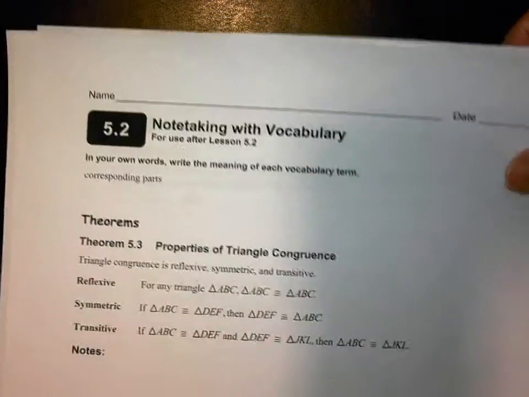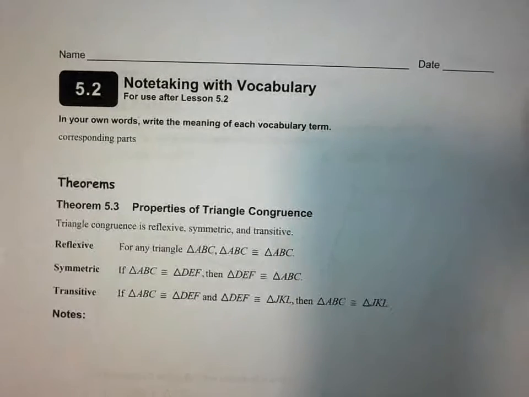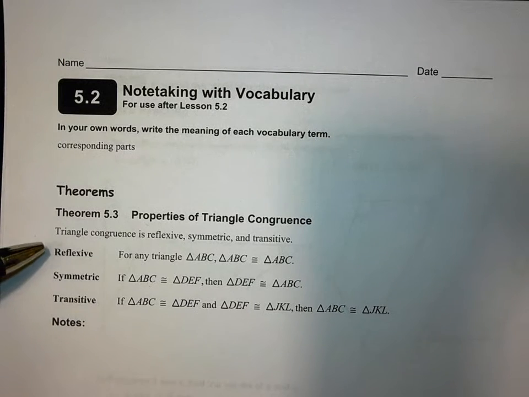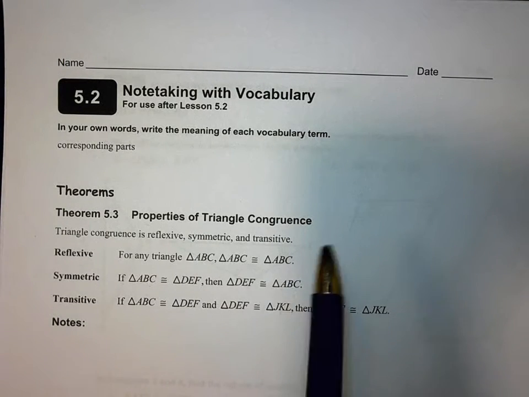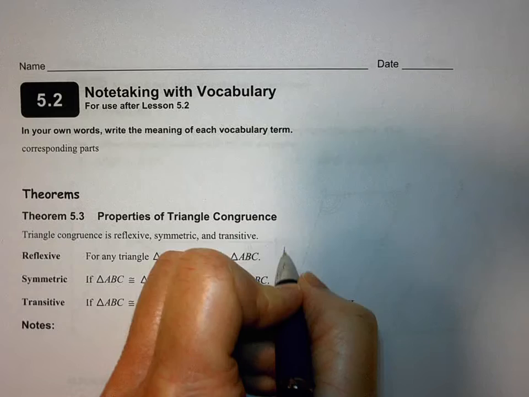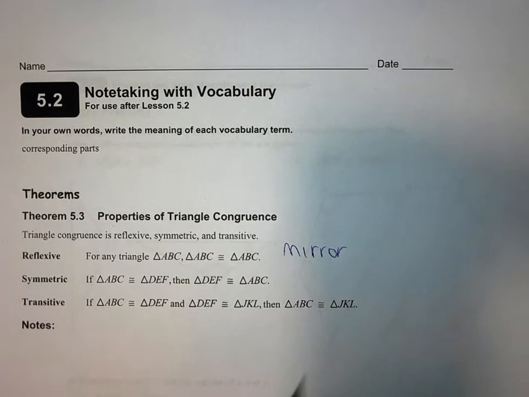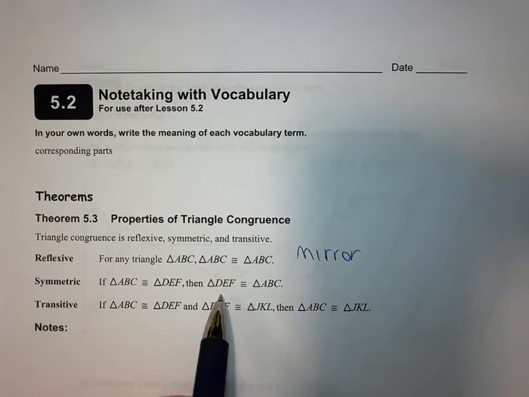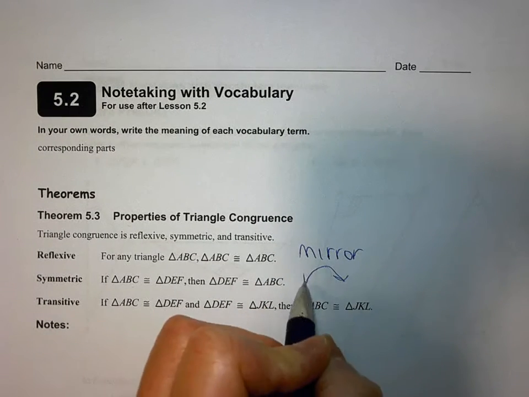So then we went over theorem 5.3, and remember when we talked about segments and angles, we said reflexive was just a mirror image, so the same thing on both sides of the congruency. We said symmetric was dealing with, it didn't really matter which side you were on.